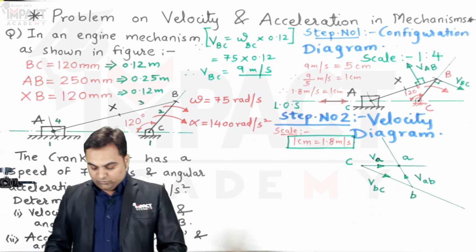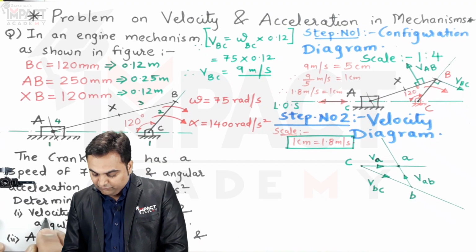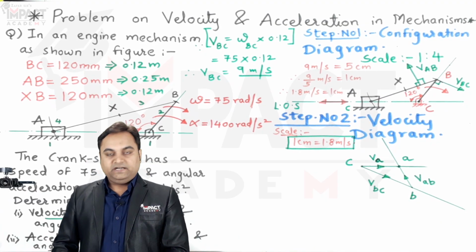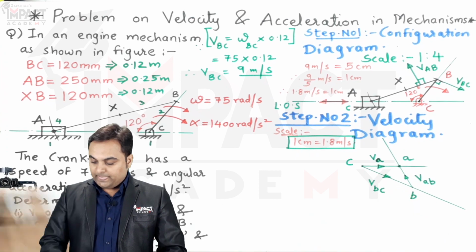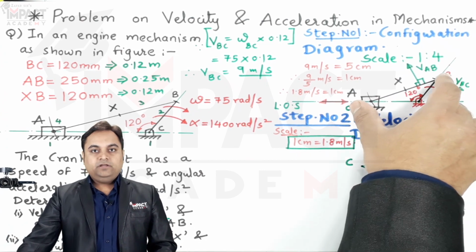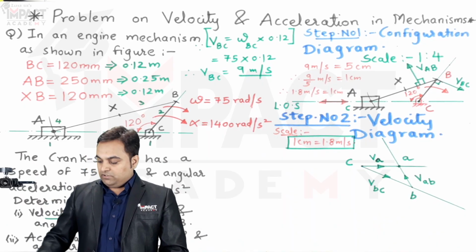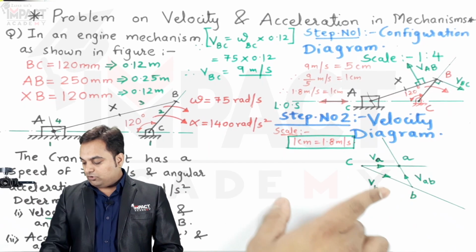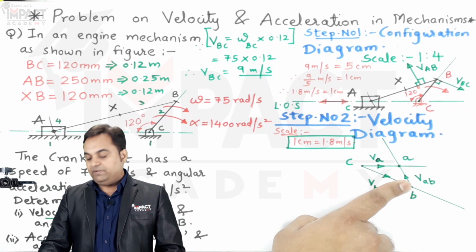Now in the question, we have to find the velocity of point X, so for that point X needs to be located, and X we can see here, it is there on this connecting rod AB. So what I would be doing here is, I would be placing point X on this vector AB.